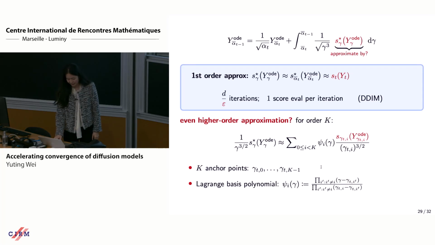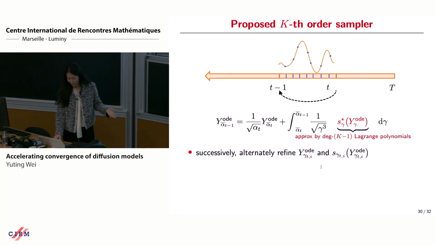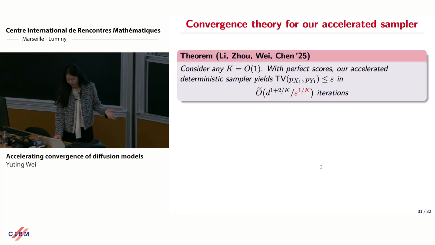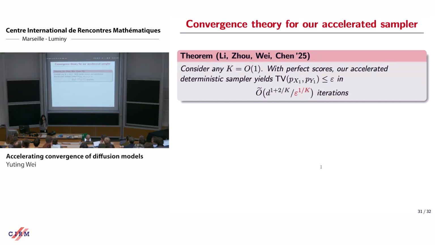If you do that, we can prove that the number of iterations is of order d to the 1 plus 2 over k, over epsilon to the 1 over k.